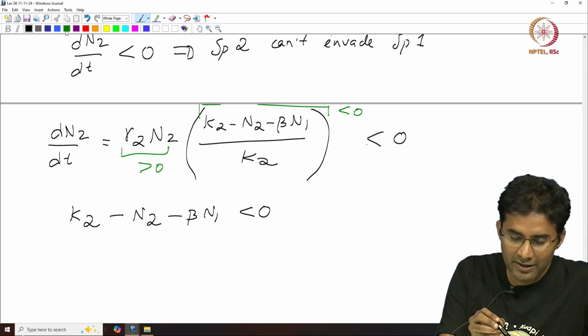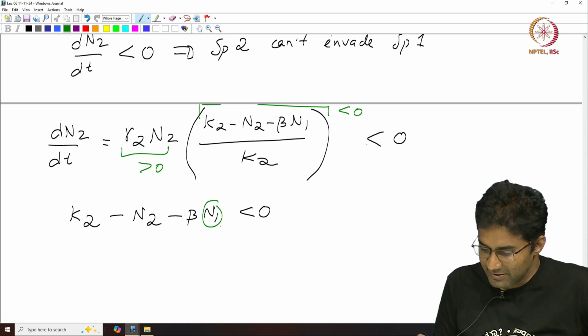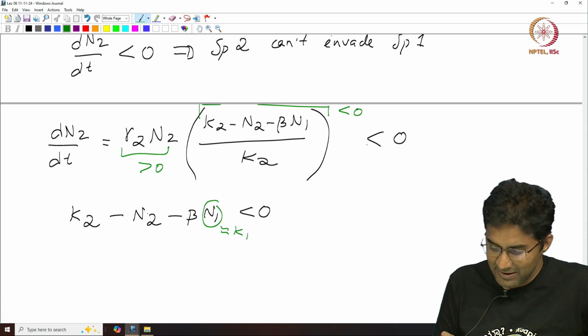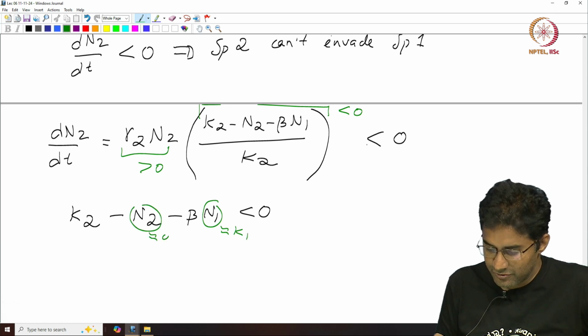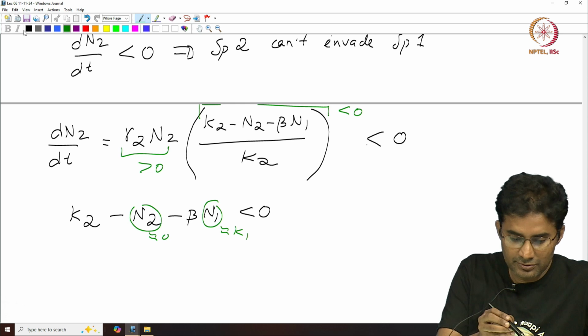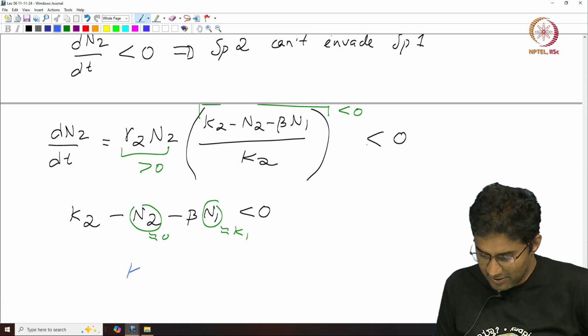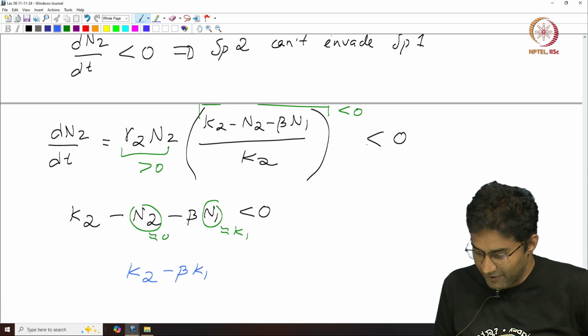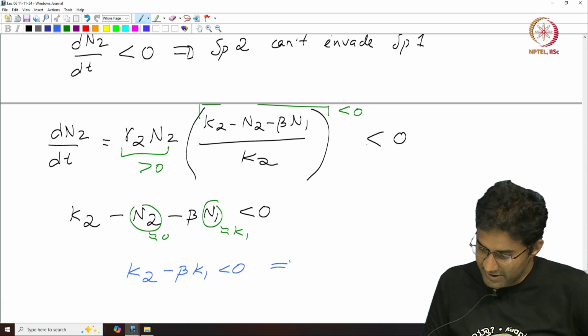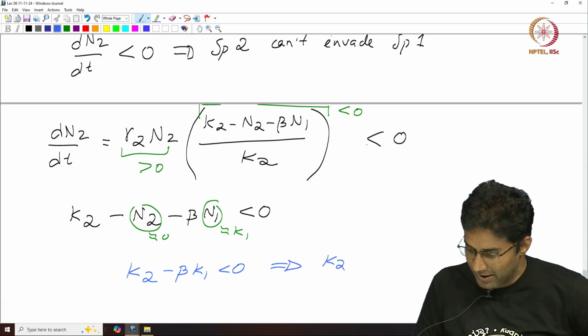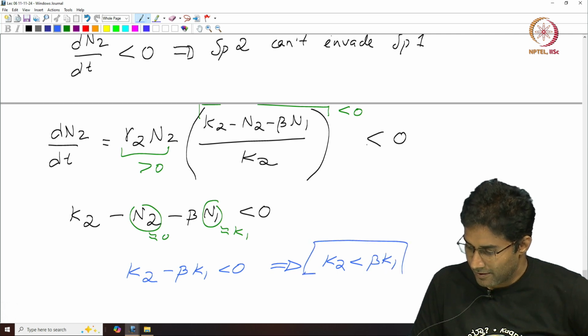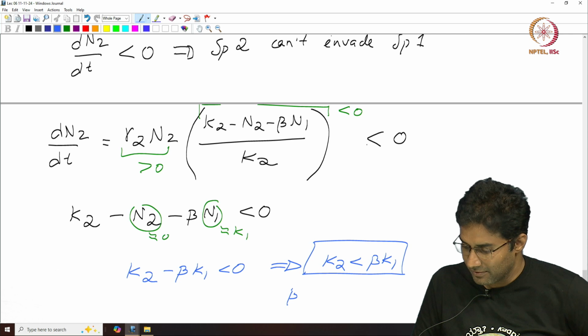Remember that we are now looking at the case when N1 is close to its carrying capacity, N2 is close to 0. Putting these two conditions, what we find is that K2 minus beta K1 must be less than 0, which is same as saying K2 must be less than beta K1, which is also same as saying beta is greater than K2 by K1.